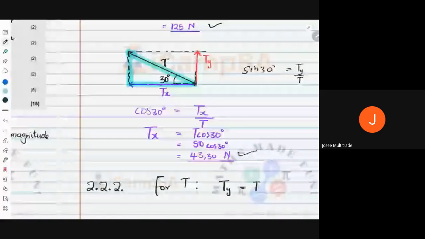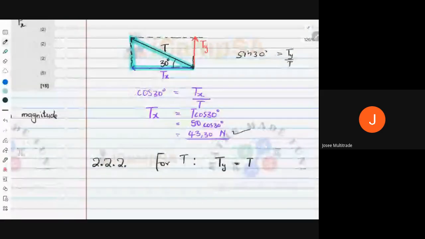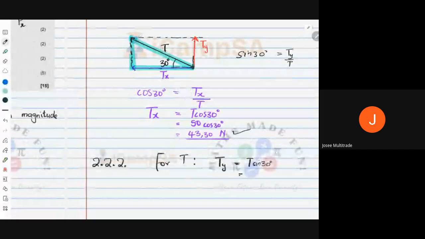Because you can just say sine 30 is Ty over T. Then you can cross multiply, so that's T sine 30. This is where you would get 25, so you'd say 50 sine 30 degrees, and you get 25 newtons. Good. That's how you'd find Ty.